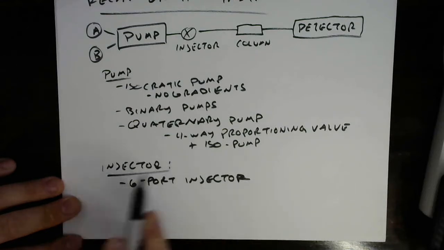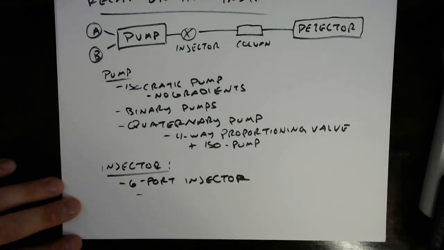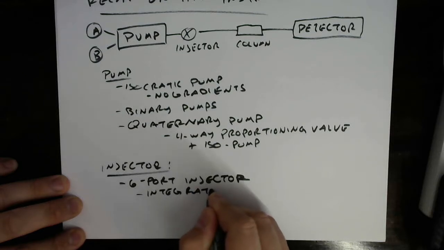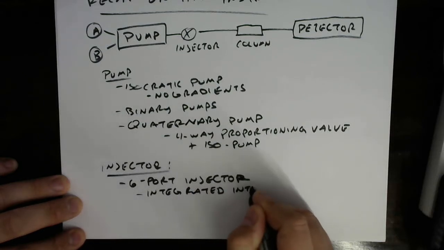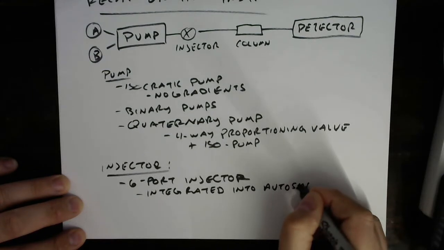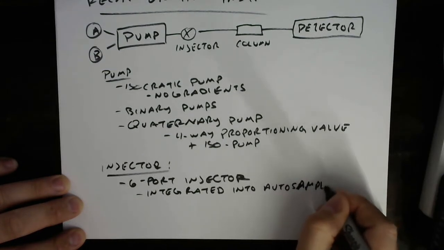You don't always actually see the 6-port injector yourself. It's often computer controlled or mechanically controlled out of sight, so it's often integrated into an auto sampler.